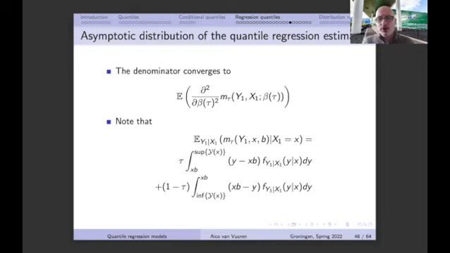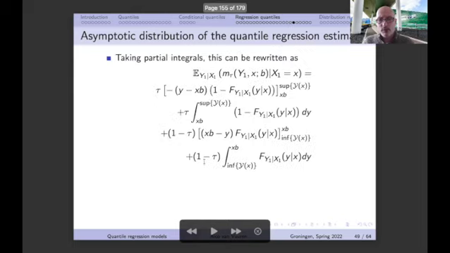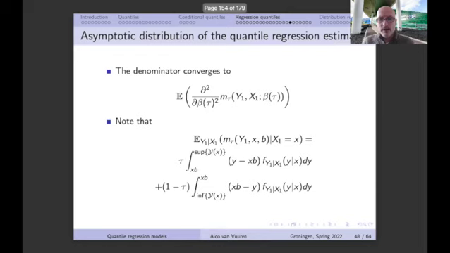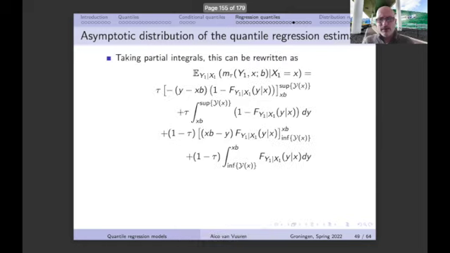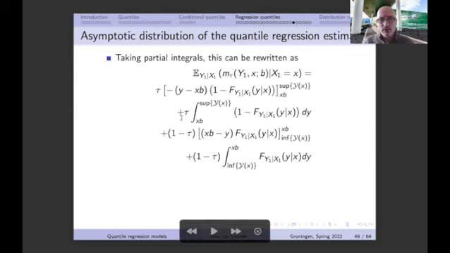And that's what I'm going to do here as well. So we get minus 1 minus this distribution function, of course, multiplied by y minus x times b, and then of course evaluating these two values in order to get this term over here. Then in addition to that, we get minus, but we have a minus sign in front, so there we get a plus.